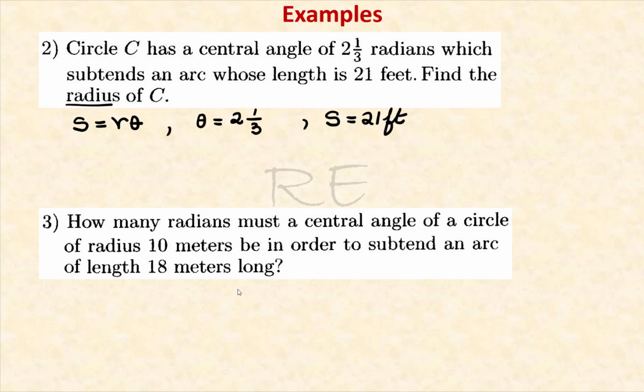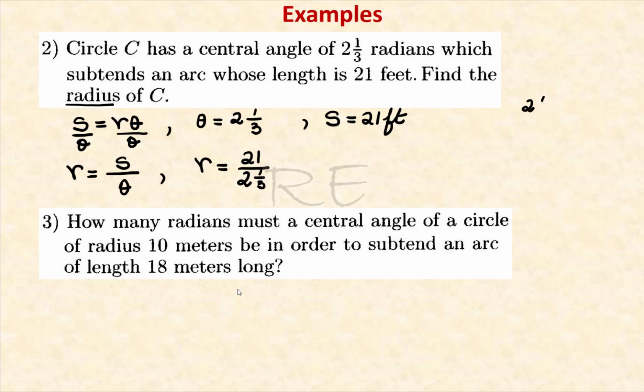Now, in order to find the radius, we have to divide both sides by theta, and the radius is equal to S, which is the arc length, divided by theta, which is the central angle. So R will be 21 divided by 2 1/3.